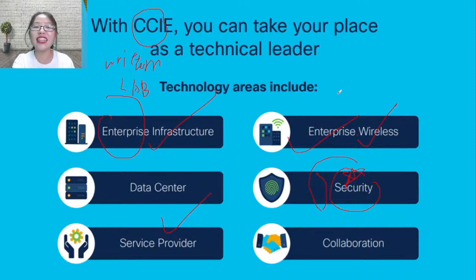Maybe others are shy and can't express their CCIE direction. But although maybe you are interested in a different direction, as we all know, as long as you are engaged in networking, enterprise infrastructure is the foundation.